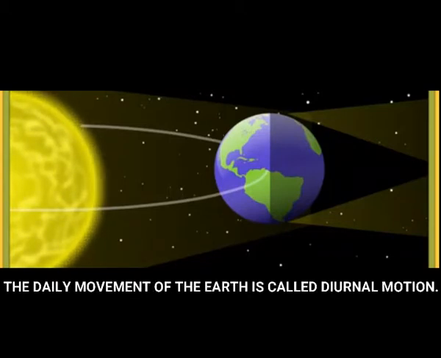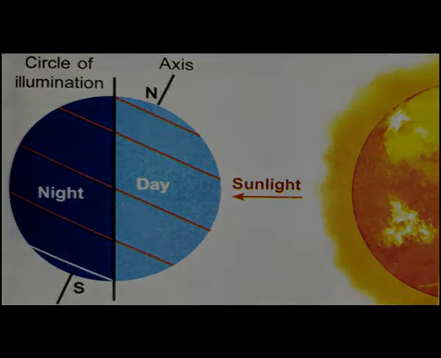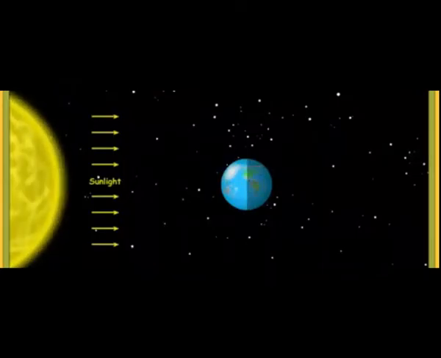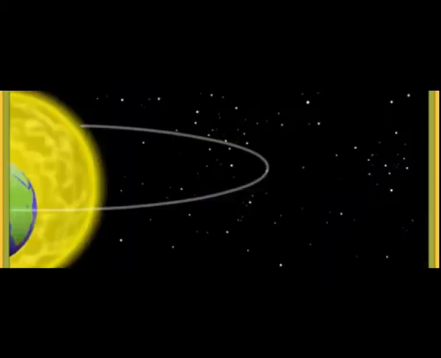This daily movement of the Earth is called its diurnal motion. The imaginary line that divides the day from the night on the globe is called the circle of illumination. Thus, the portion of the Earth that receives sunlight experiences day, while the portion which is in darkness experiences night.